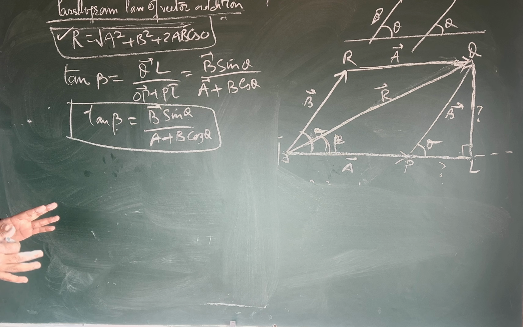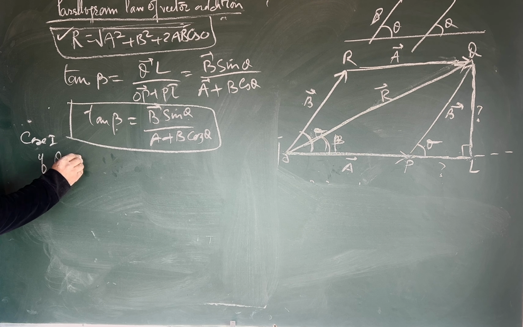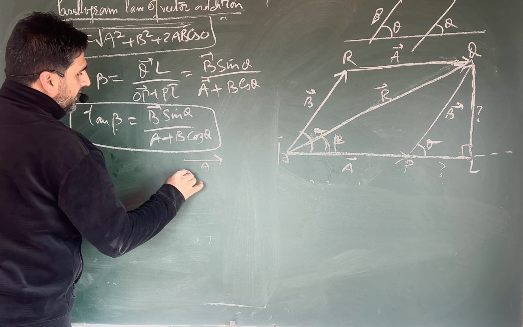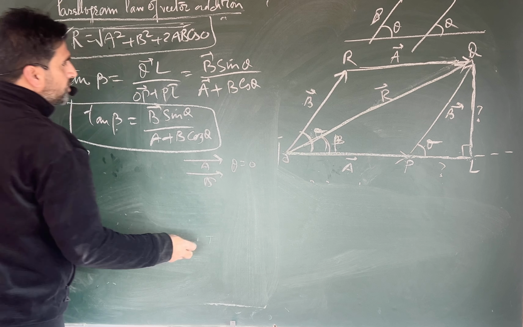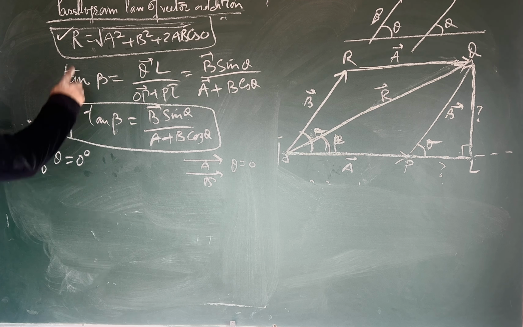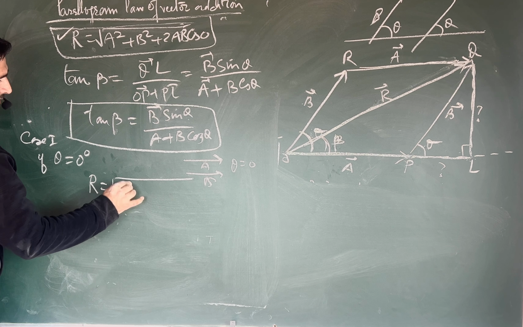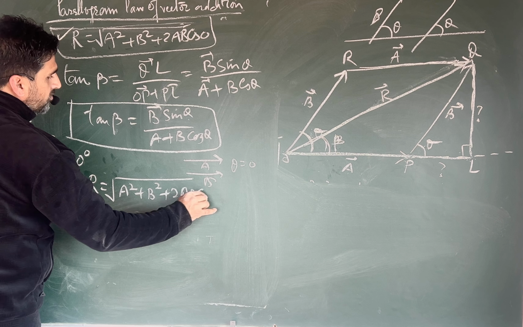Now the question is, when is the resultant maximum and when is it minimum? By changing this theta, suppose the first case, if theta is 0 degree, that is two vectors A and B are parallel. What will be the R and the direction? Your R will be equal to under root of A square plus B square plus 2AB cos 0 degree.